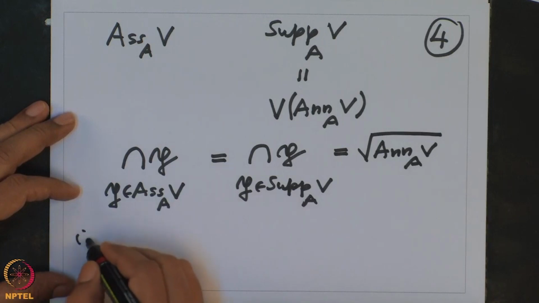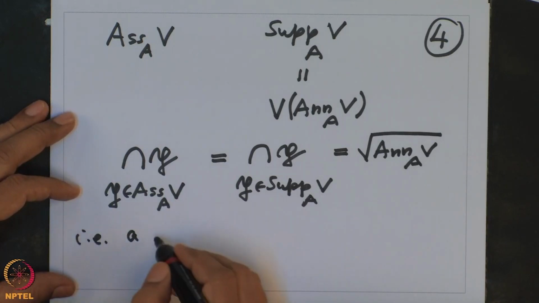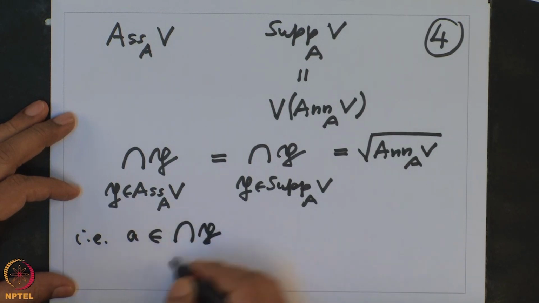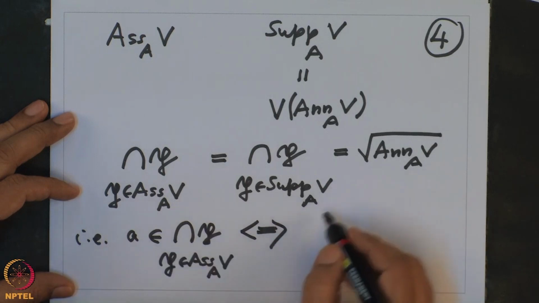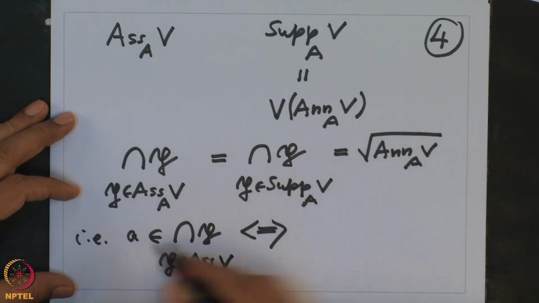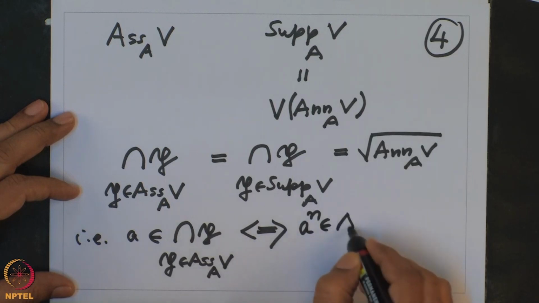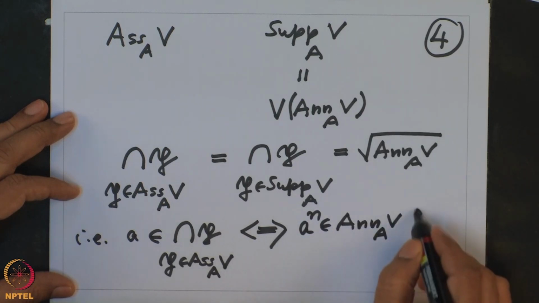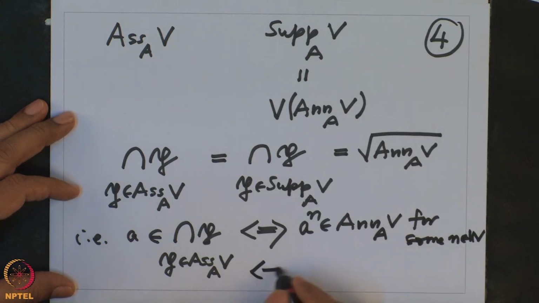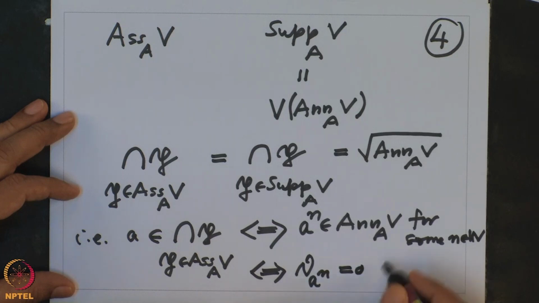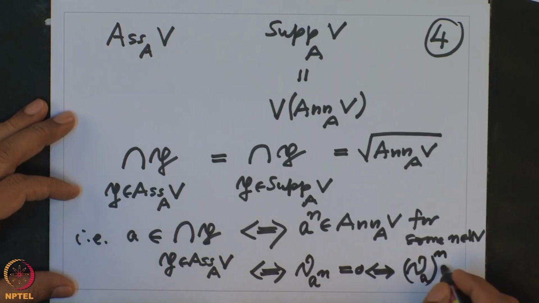So an element a belongs to the intersection of P in the associated primes if and only if some power of a belongs to the radical of this ideal, meaning some power a^n belongs to the annihilator of V for some n in N. But this is equivalent to saying the homothety by a^n is 0, that is, theta a composed n times is 0.